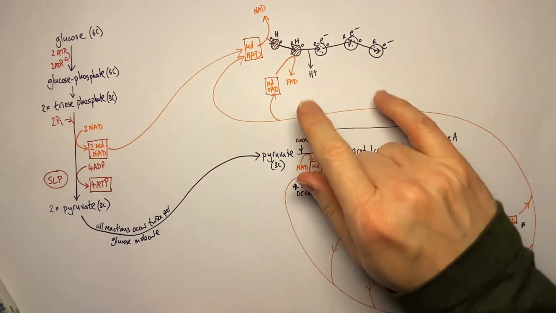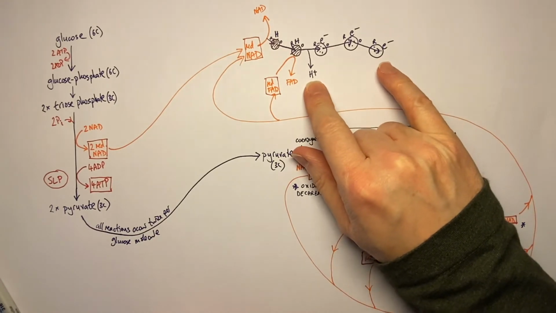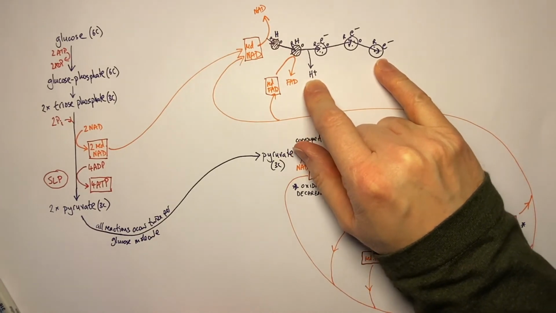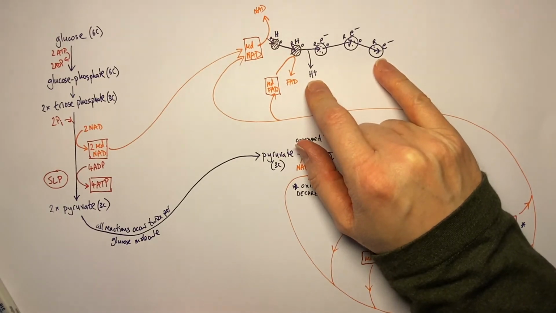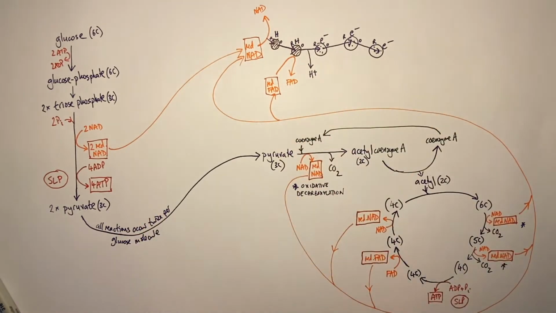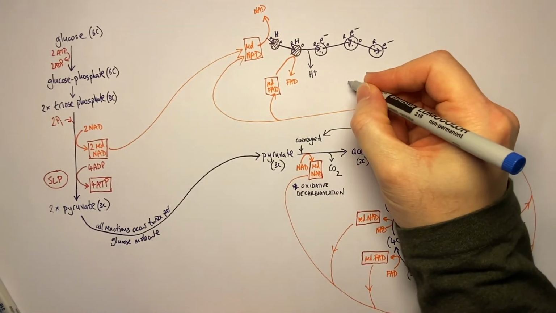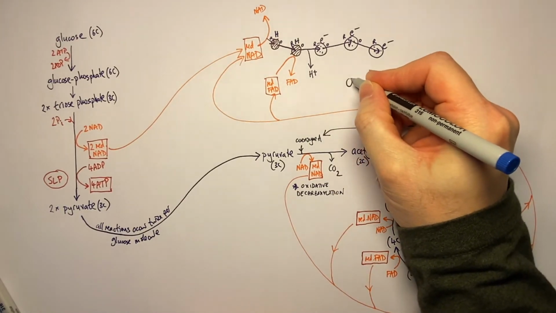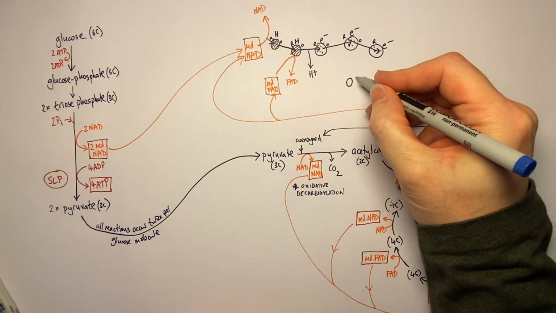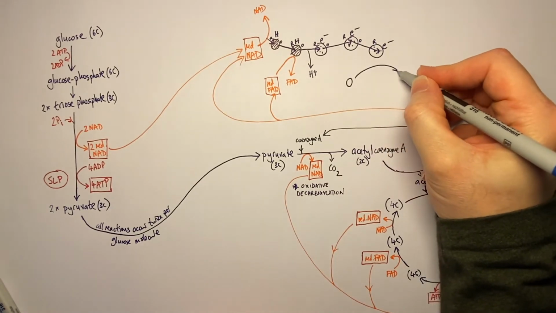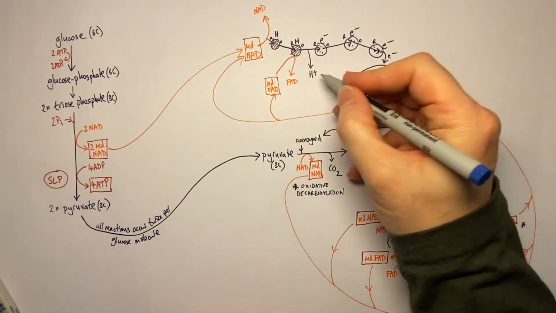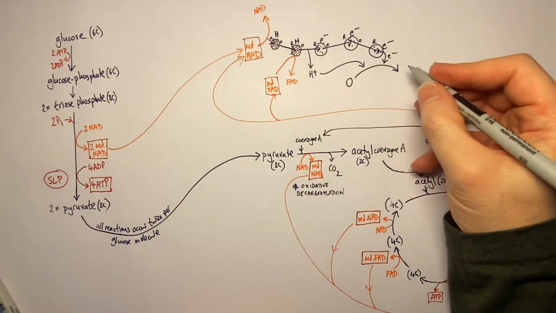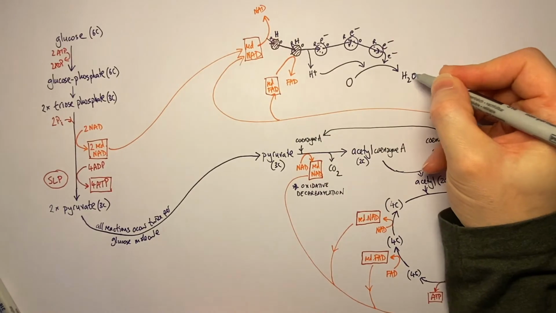Now, what we end up with here are hydrogen and electrons. That's no good, really. They need to be removed. So, of course, we now know that oxygen comes in, and the oxygen will pick up the electrons, will pick up these hydrogens to form water.